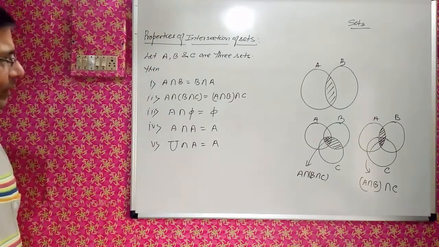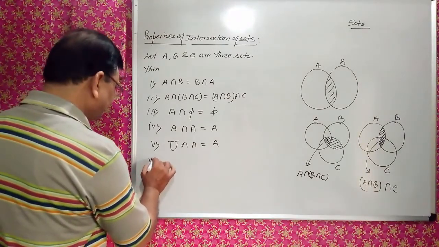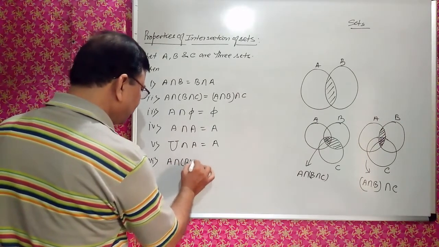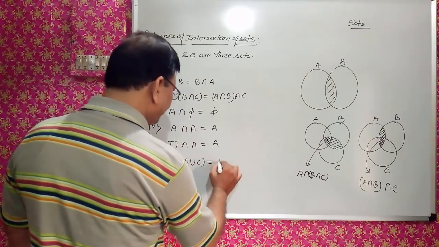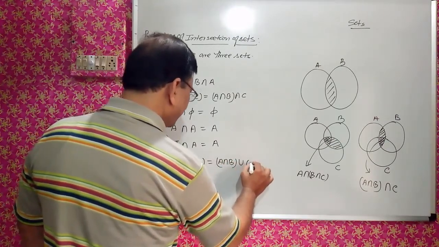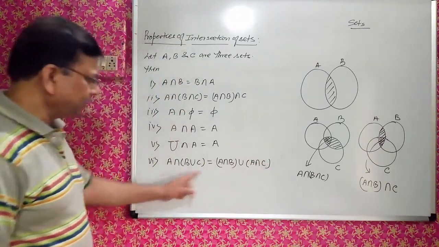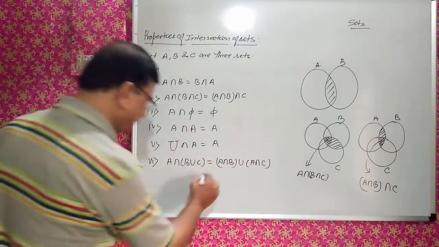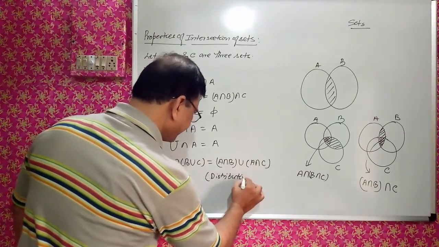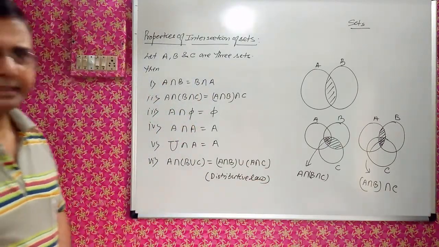Right? And one more property I will be taking, that is called the distributive property, that is A intersection B union C is equal to A intersection B union A intersection C. This is called distributive law, or distributive property, either of these two.